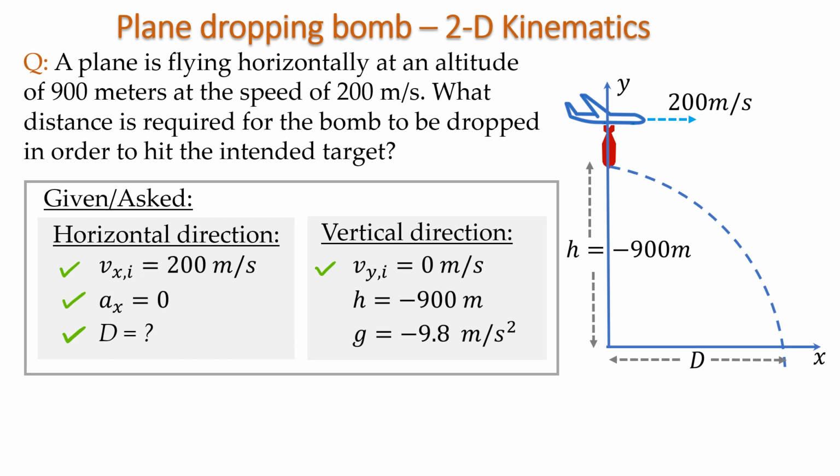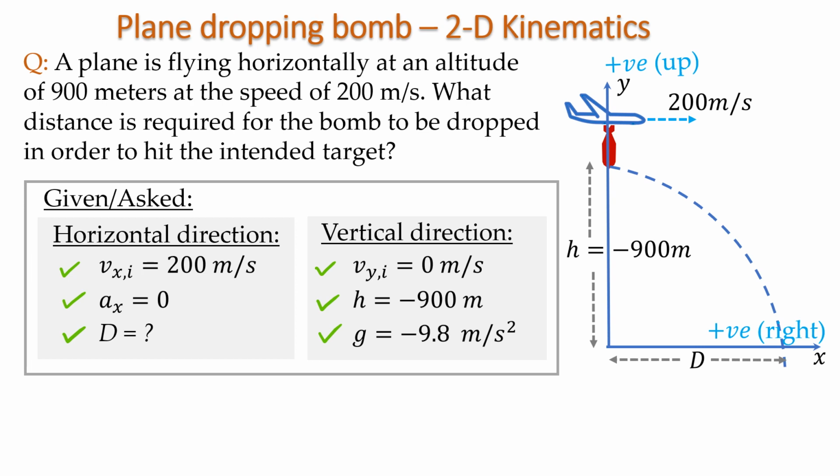The altitude displacement is written as h is minus 900 meters. It is negative because positive is considered up and the bomb is falling down. g is minus 9.8 meters per second squared. It is also negative because acceleration is downwards.